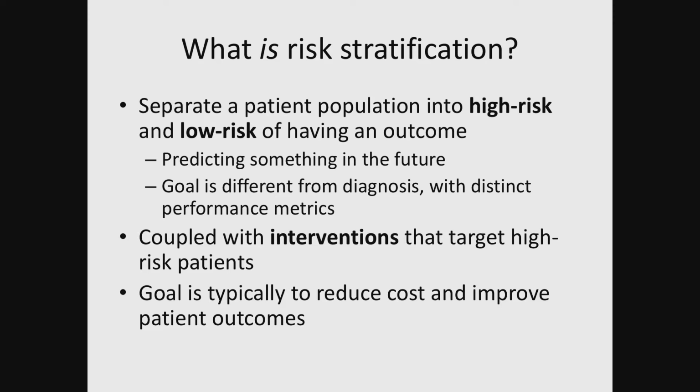Now, the reason why we might want to do risk stratification is because we usually want to try to act on those predictions. So the goals are often one of coupling those predictions with known interventions. So for example, patients in the high risk pool, we will attempt to do something for those patients to prevent whatever that outcome of interest is from occurring.